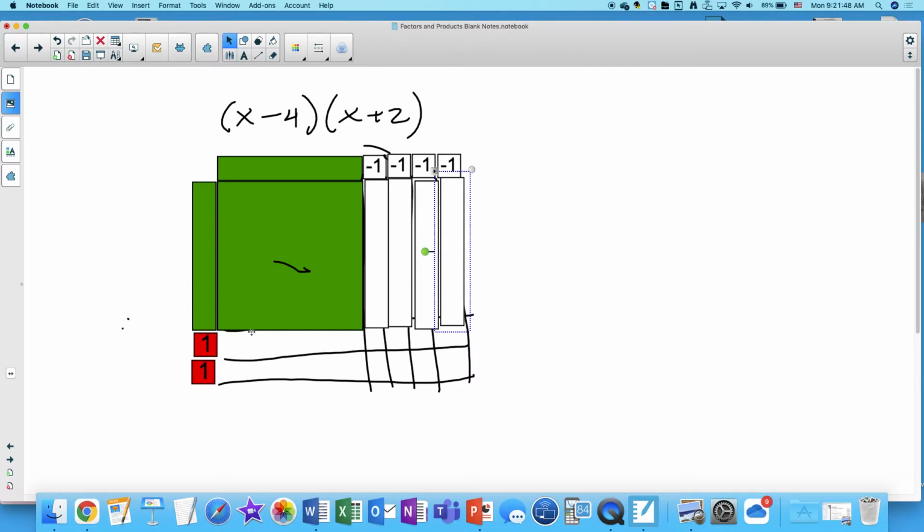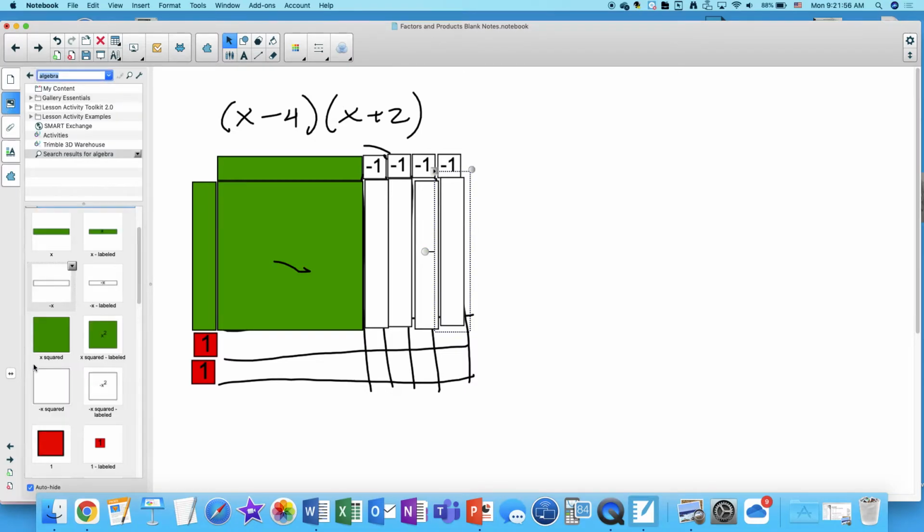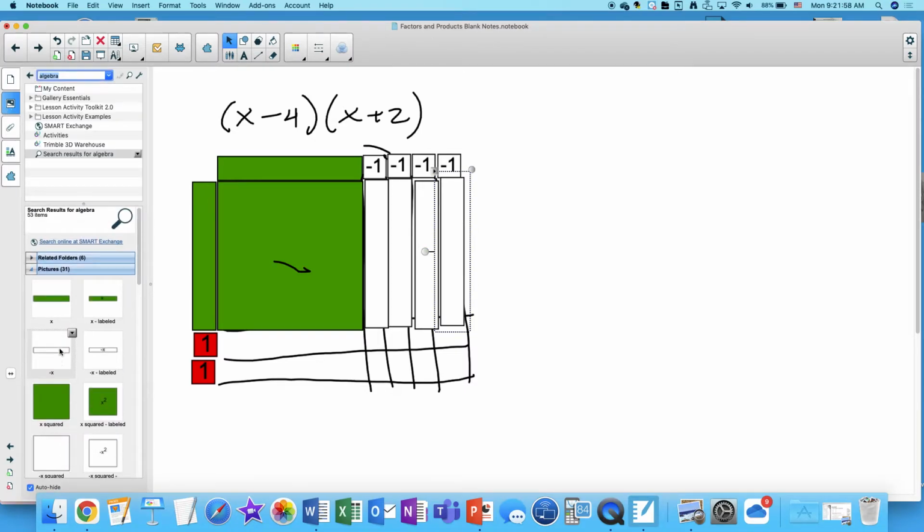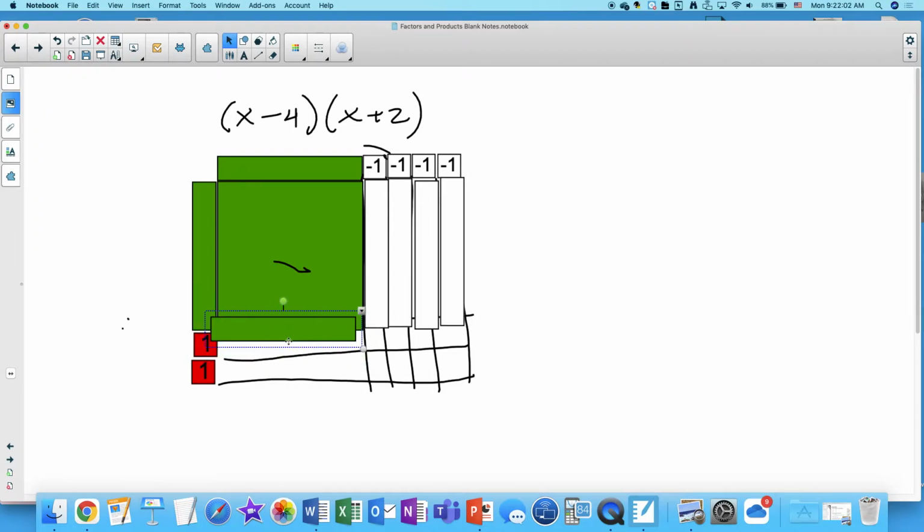So I'm going to grab some of those. Those are over here and stick them in. There's 1 and there's 2. Here we go. So those go in there.